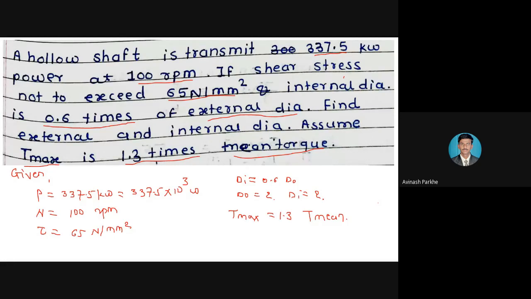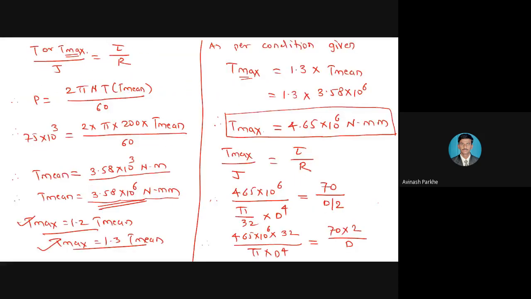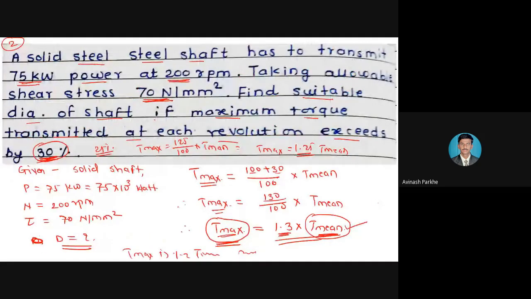In the earlier problem, it said to find a suitable shaft diameter if the maximum torque transmitted is exceeded by 30%. Like that, a percentage is given: 30%, 20%, 25%. We add that 30% to 100, get 130, and 130 divided by 100 gives the multiplying factor 1.3.